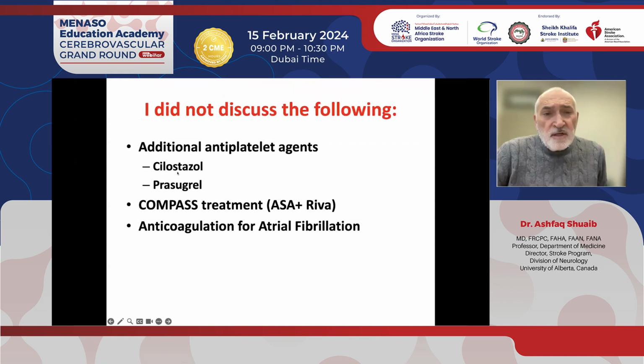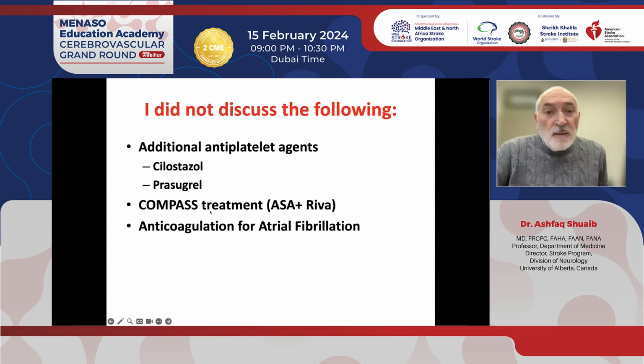We use it in peripheral arterial disease because it causes some vasodilation, and prasugrel is an analog of clopidogrel, and it's supposed to act faster. So if you give a loading dose, it kind of defeats the purpose.